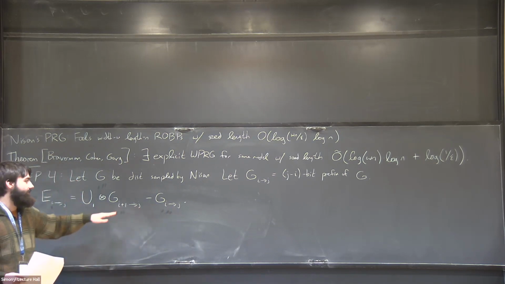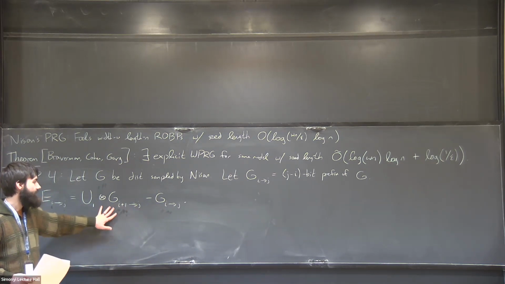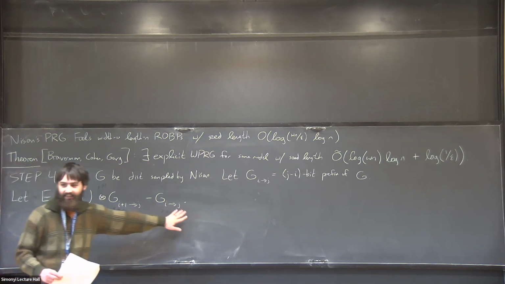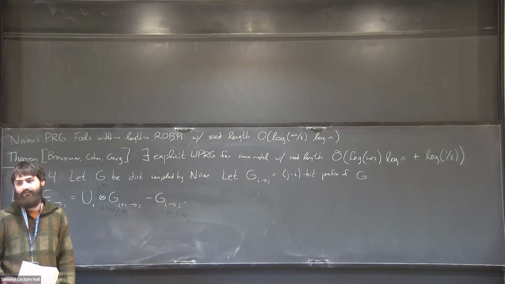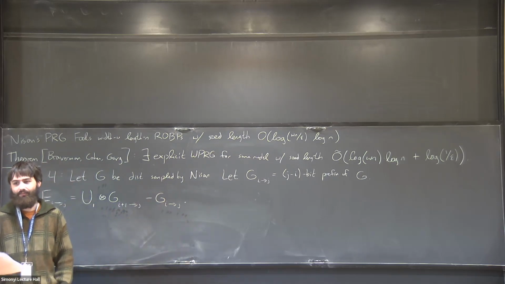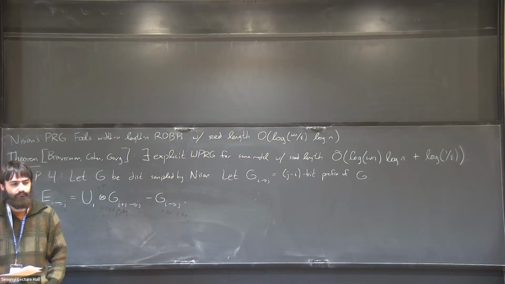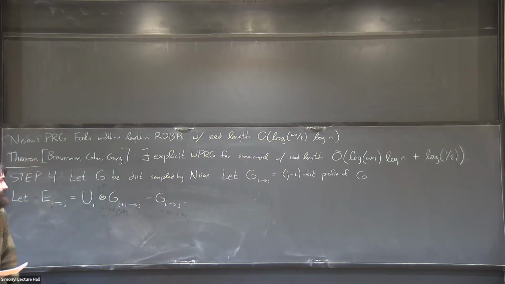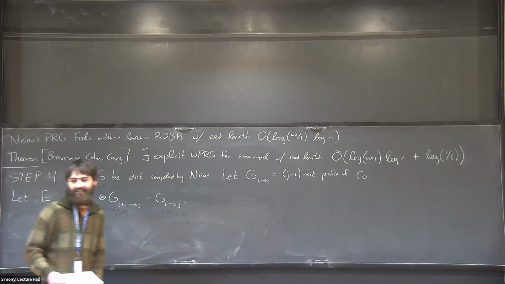Like Avi was suggesting, you could set it up so that the second bit here is similar to the second bit here. That would also work. We have freedom. It's just the quality of one pseudo-random bit given a bunch of others. And if that's more natural to you, then feel free to modify this definition in your mind.